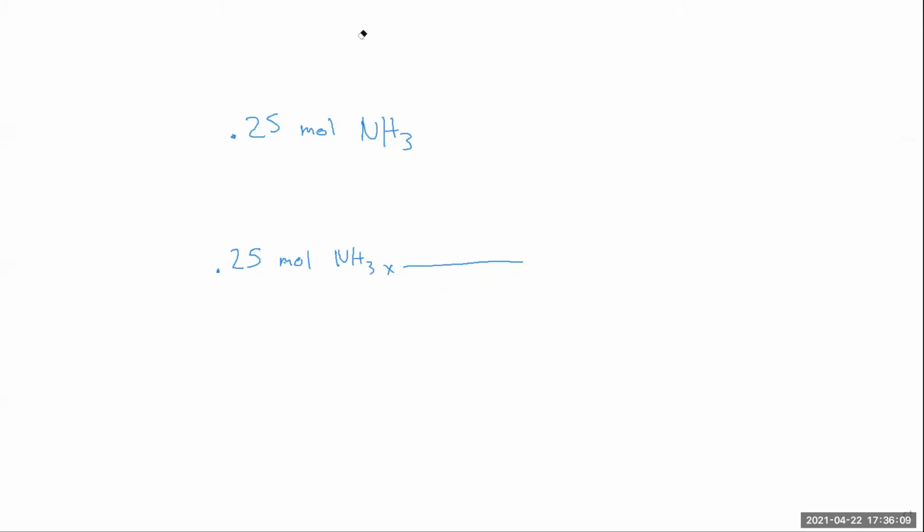So if we want to convert it into molecules, we want molecules on top. Molecules on top and moles on the bottom, so that moles cancels out, right? For every 1 mole, there are, like you said, 6.022 times 10 to the 23rd molecules.